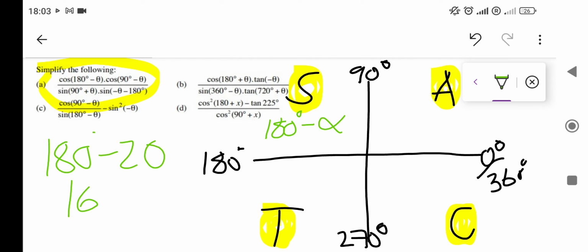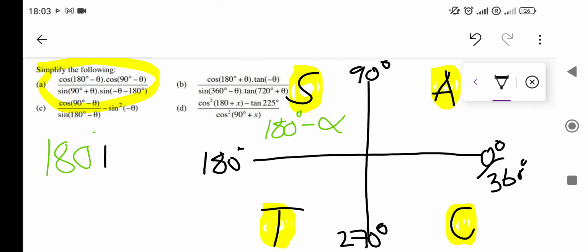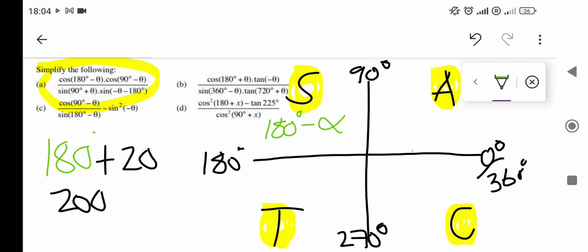If we think 180 plus a certain acute angle, we'll say 180 plus alpha, where alpha is acute, so maybe it's 20. That's going to be 200. From the positive x-axis, a line that's going to give us a 200 angle will be somewhere over there.